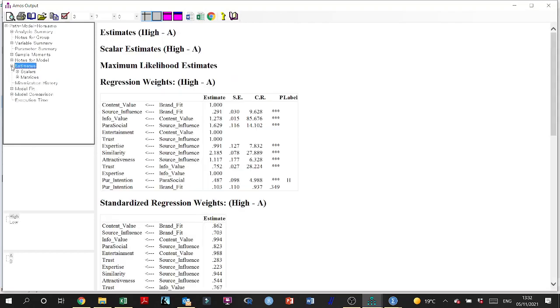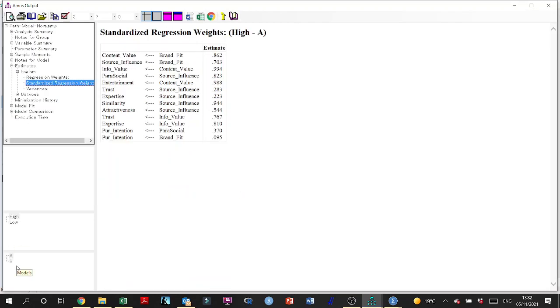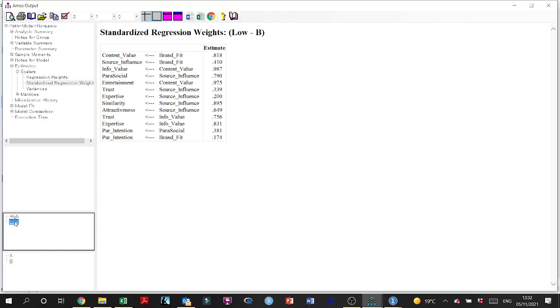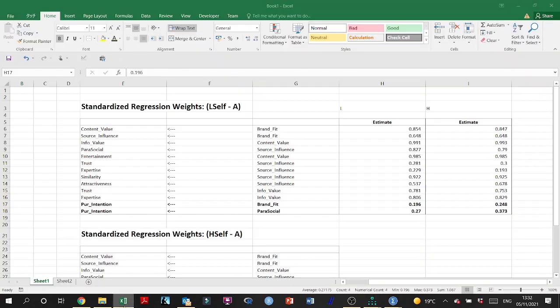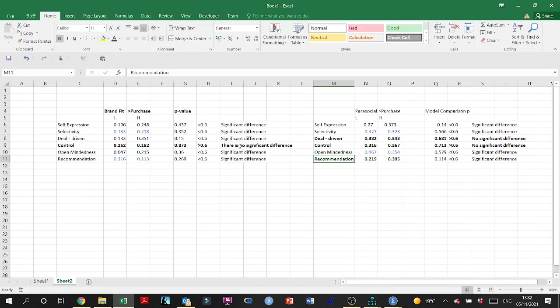Okay, so now I want to see the B model, low. And we are troubled understanding which relationship, sorry, I just forgot. We did selectivity and what? Selectivity and recommendation. Because if you are highly selective and picky, why wouldn't you have very high loading on the parasocial and purchase, right?